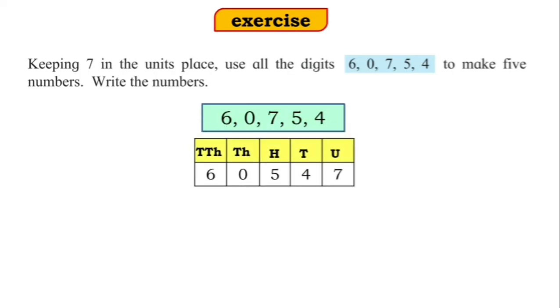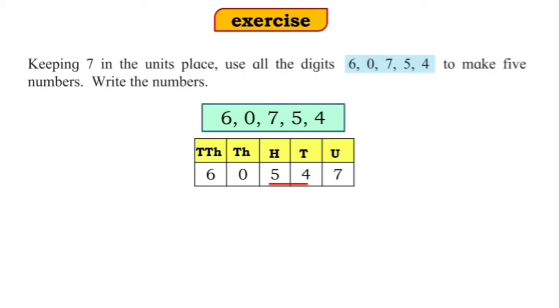So let us form numbers keeping 7 in units place. Now here we have formed this number keeping 7 in units place. So this number is 60,547.